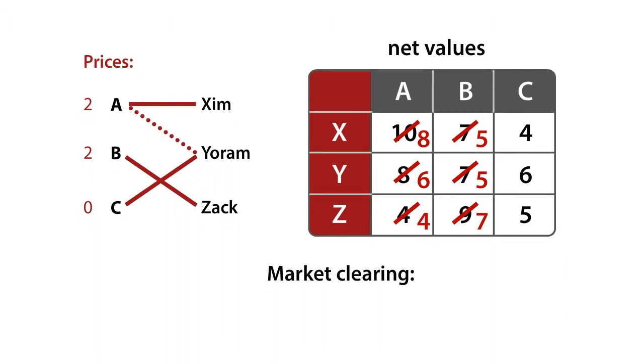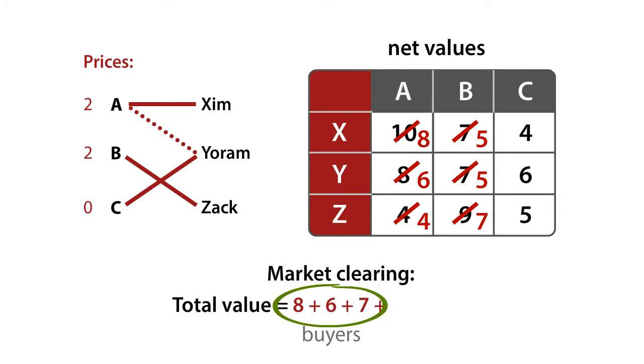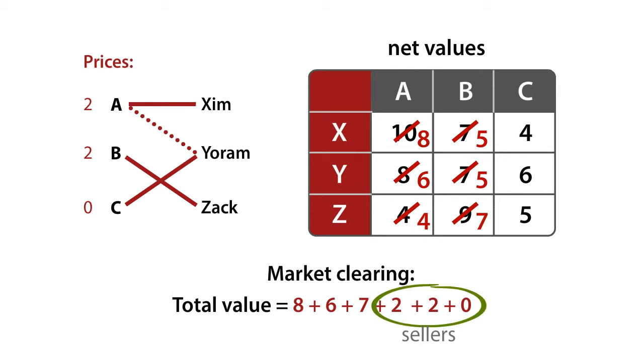And now we want to think about the total value of this matching. Actually, value here comes in 2 parts. For buyers, I'm tempted to take the net value, that is, the original value minus the price they paid. But we also will take into account the sellers' value, which, of course, is the prices that they collected for the items.